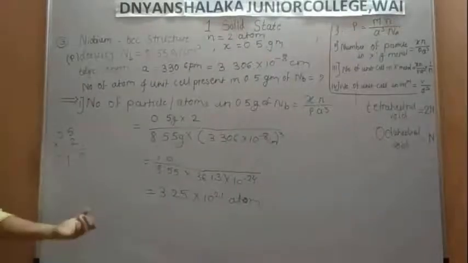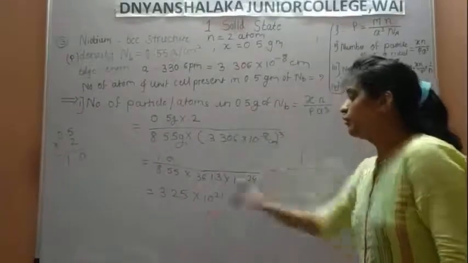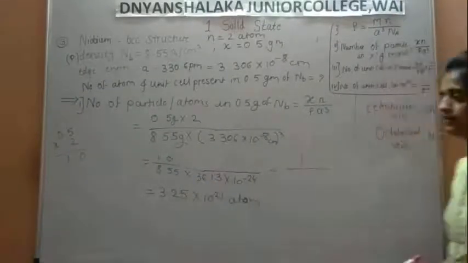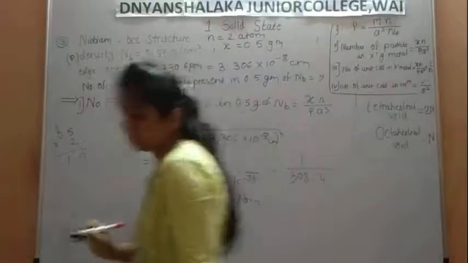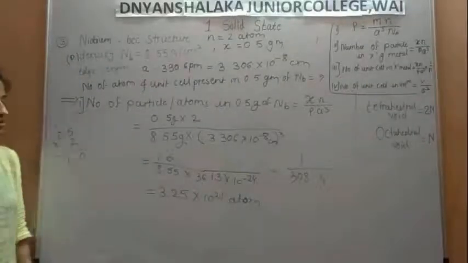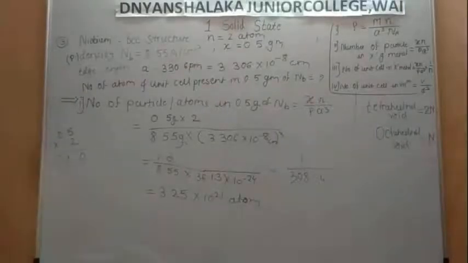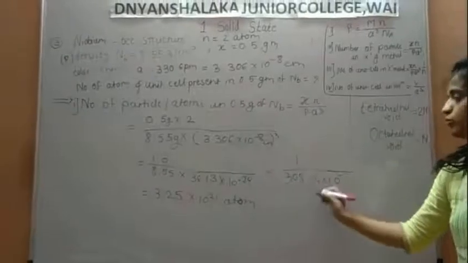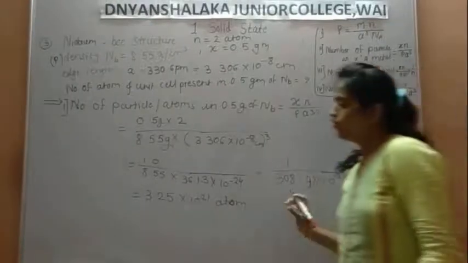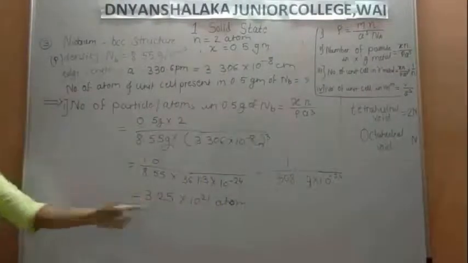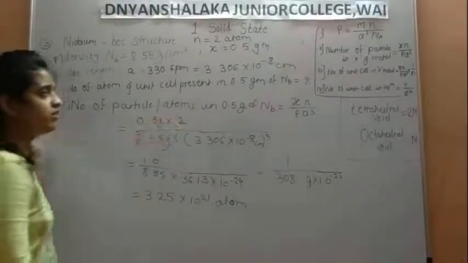Multiplying, we get 1.0, which means 1, and 8.55 into 36.13 we get 308.94 into 10 raised to minus 24, and on division we get 3.25 into 10 raised to 21, the number of particles or atoms present in 0.5 gram of niobium.